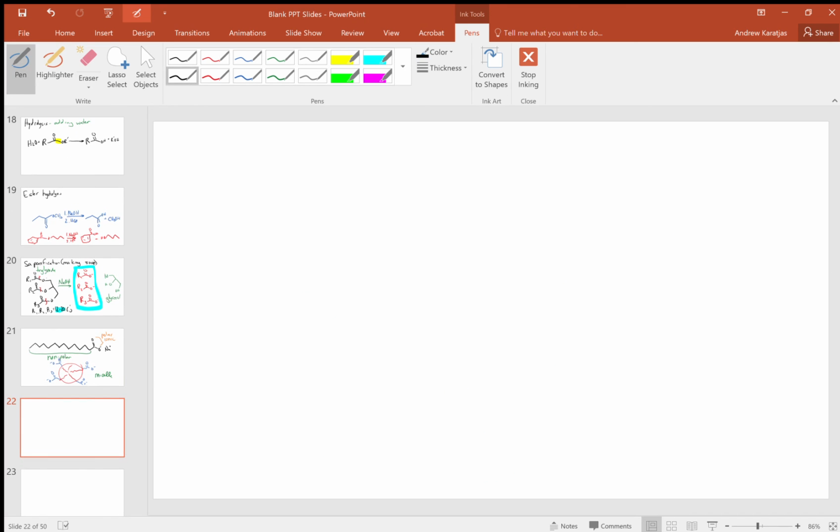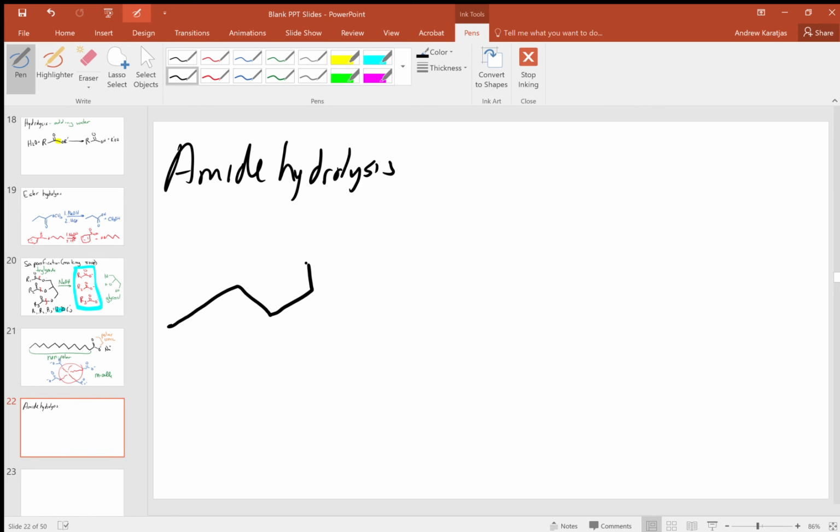The other hydrolysis reaction we want to talk about is amide hydrolysis. Amides are generally much less reactive than esters, so you have to use harsher conditions, but same basic principles apply. So we have an amide here.